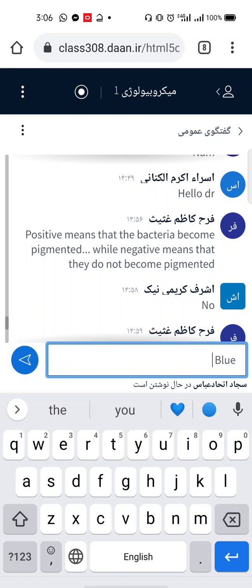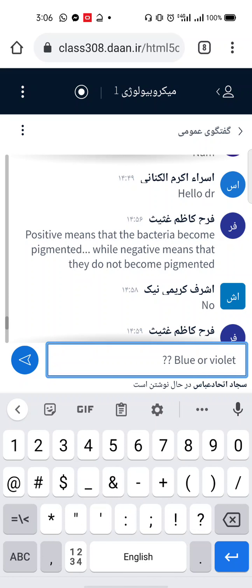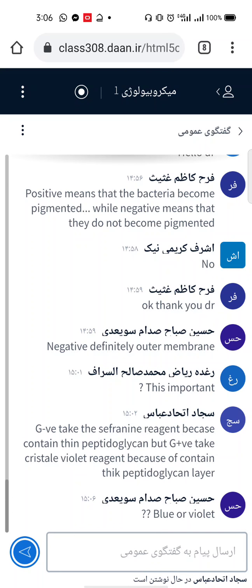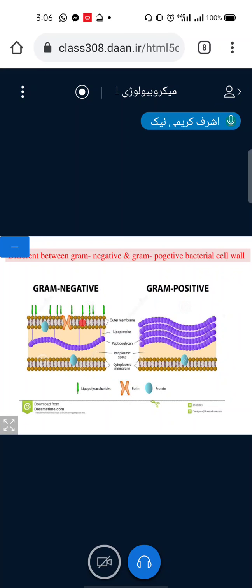But in gram-negative bacteria, you can see an outer membrane. The outer membrane, like the cytoplasmic membrane, is composed of phospholipids, proteins, lipopolysaccharide and other things.